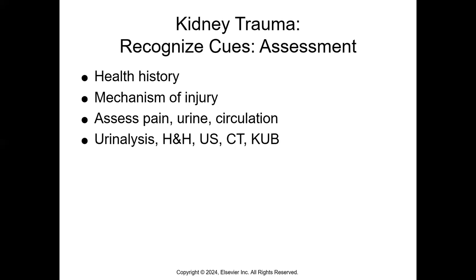The big thing is to examine the mechanism of injury, figure out how much pain the patient's in, learn how to assess for that pain, do a urinalysis to see how the urine looks, and do an H&H to see if there's any internal bleeding. Ultrasound and CAT scan can also help us determine if there's any internal bleeding as well.